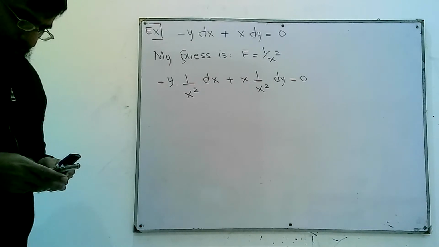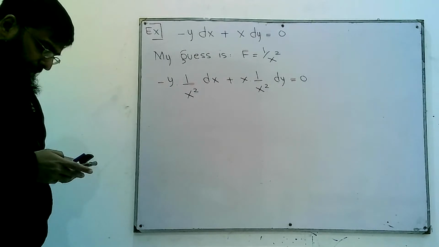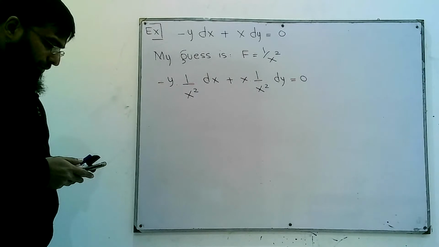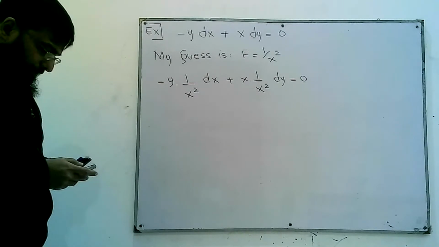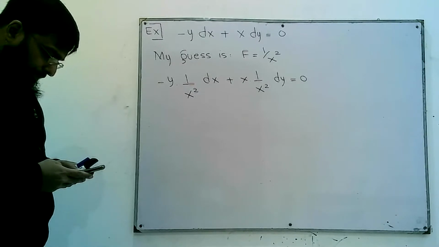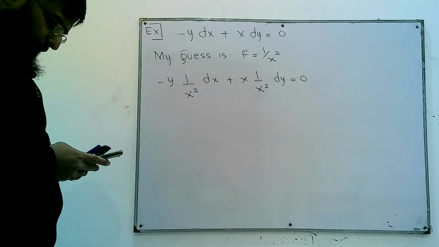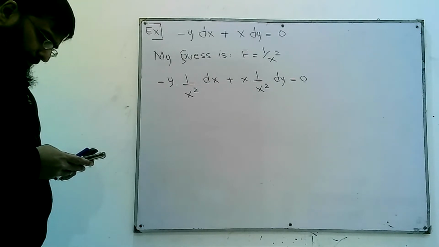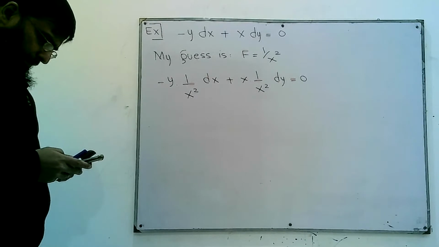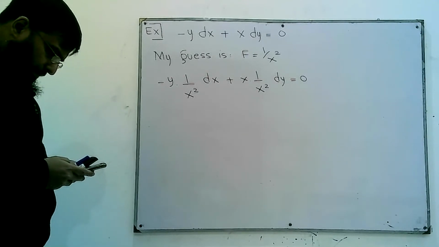So now we'll reduce it to the simplest terms, and then we may be able to apply the check again to see whether this is an exact type or not.